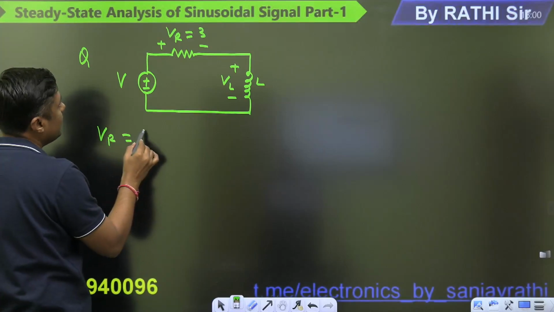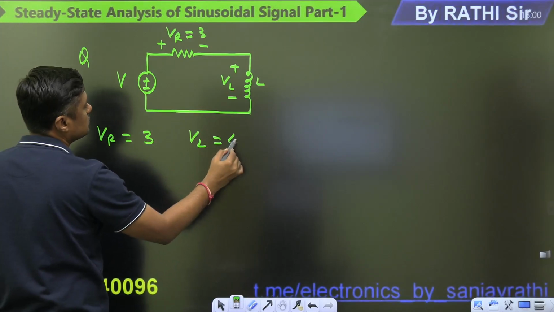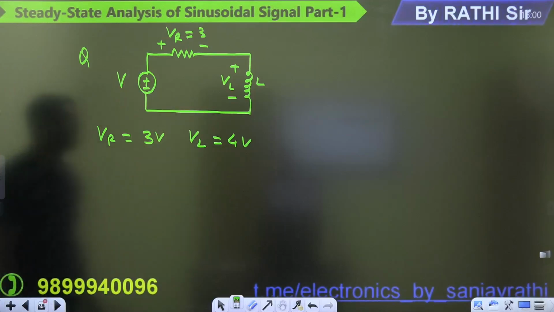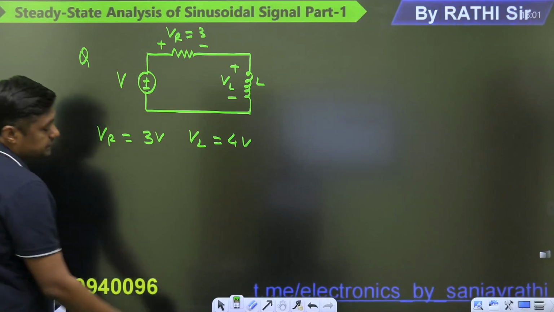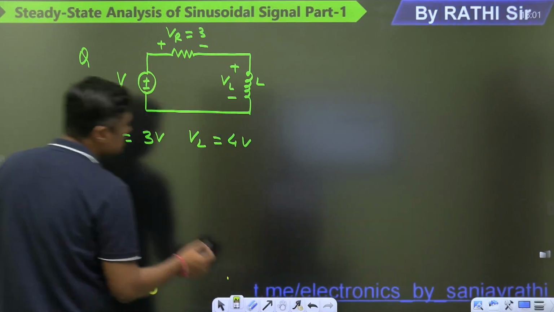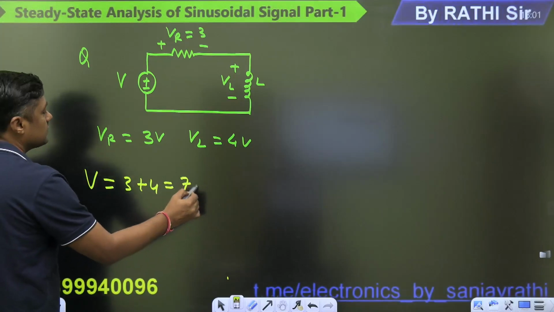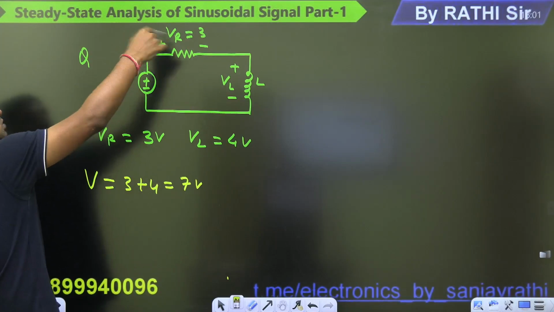So tell me, what is the value of V under steady state? Normally students say, sir, the value of V is 3 plus 4, that is 7. Directly they are applying KVL, Kirchhoff's voltage law.